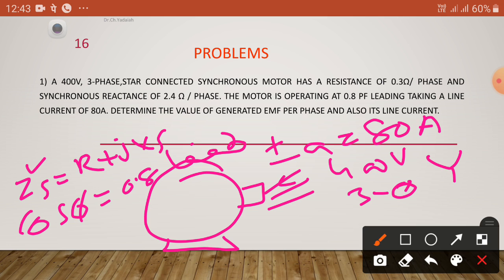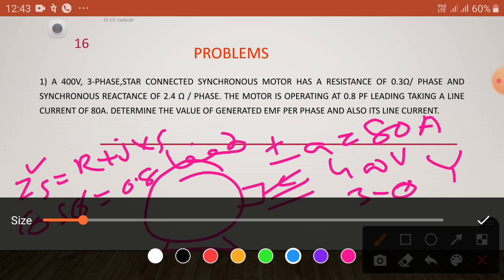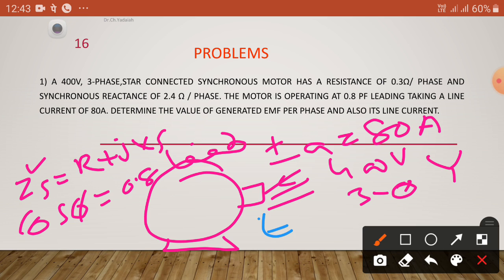Determine the value of generated EMF, that is Eb, the generated voltage EMF per phase, and also the line current.